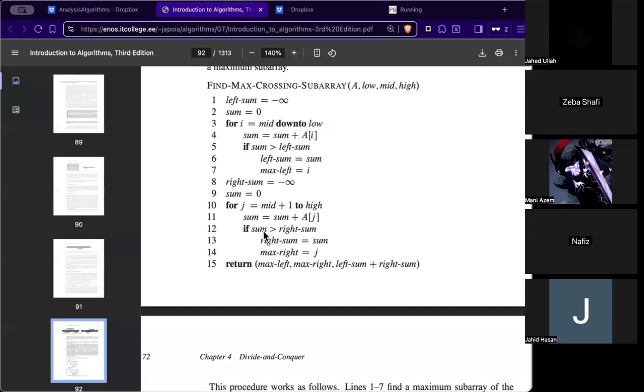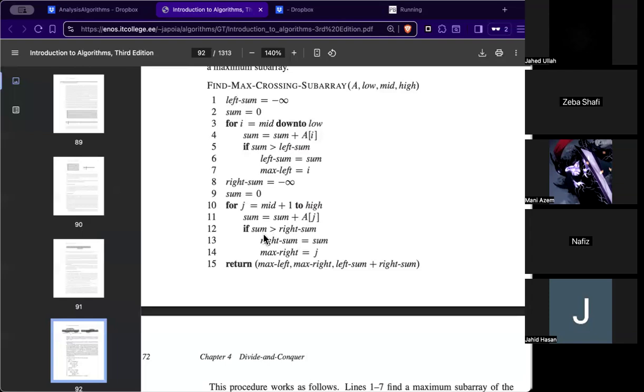Now, in the event that the sum is not greater than the right sum, then we just don't do anything there, come back up, and we say sum equals sum plus a of j, but this is after we've incremented, and we look at the next index. If that index causes it to accumulate upward again, and we're going beyond the maximum of what we previously had.